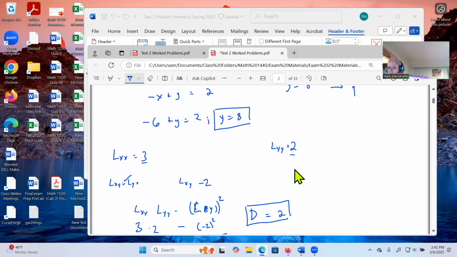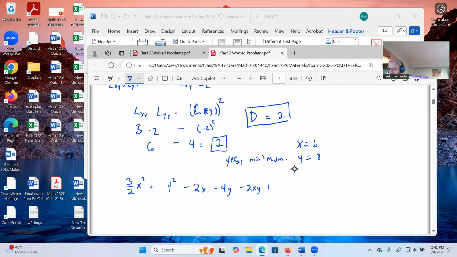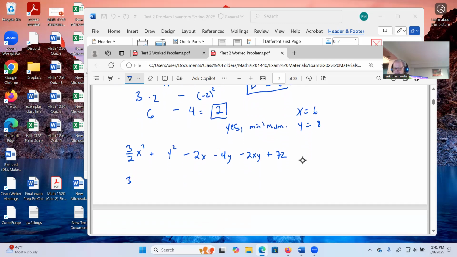And then we added something to this, didn't we? Plus 72. And you guys are allowed to use a calculator for this. But what we're going to do is plug in the values. So we have 3 halves times 6 squared, which is 36, plus 8 squared, which is 64, minus 2 times 6, minus 12, 4 times y, so that's minus 32, minus 2 times 6 times 8, plus 72.